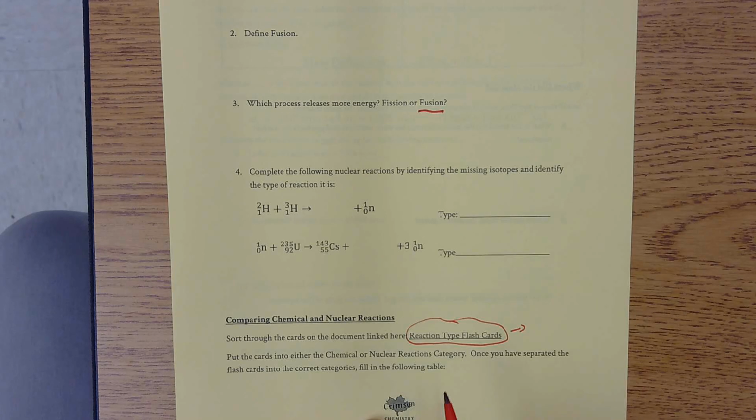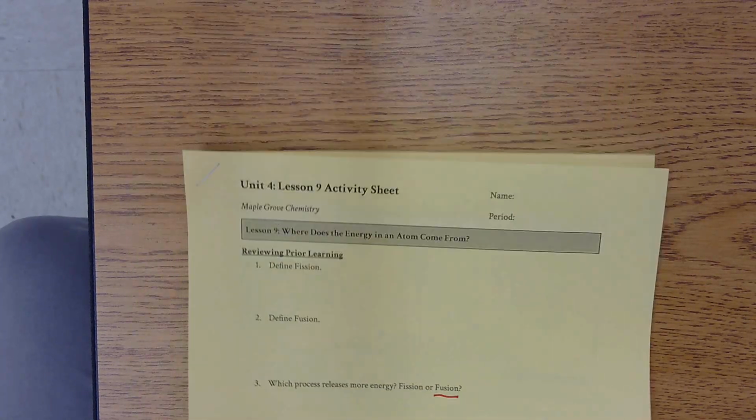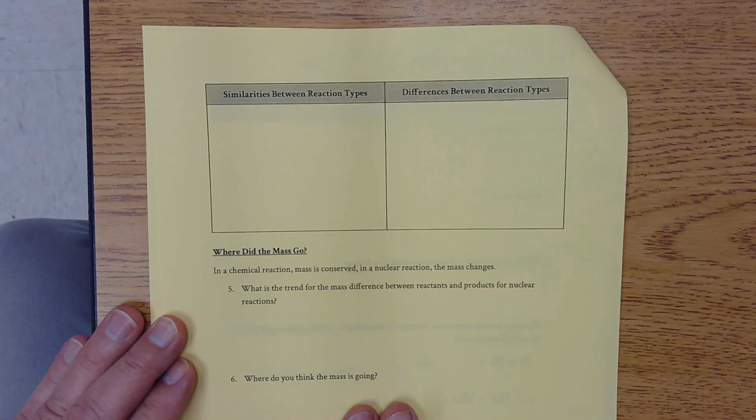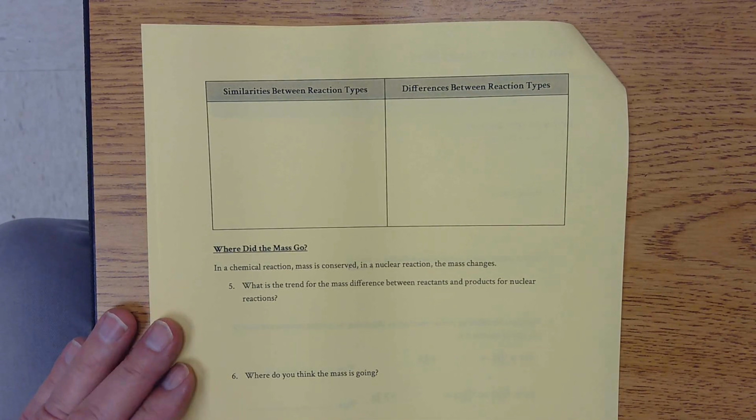Then you separate the different cards into whether it's a chemical or a nuclear reaction, and then you go through and answer the differences and similarities here, and then answer these two questions about what's the difference in the masses and where do you think the mass is going. This last question is going to lead us into our next one.